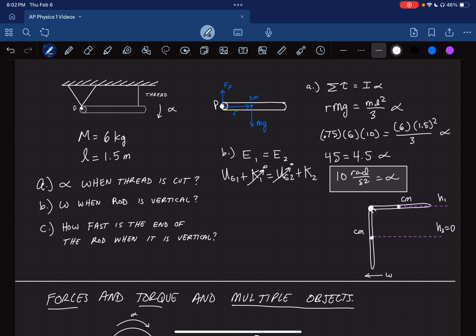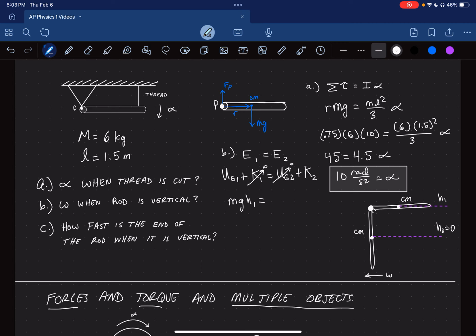And if this is 0, then what is height 1? You can use the rod as a reference for distance, for height. And of course, it's half the length, right? And half the length is 0.75. So let's do this. This is mgh1 equals K2. Now, you might be thinking mv squared over 2.